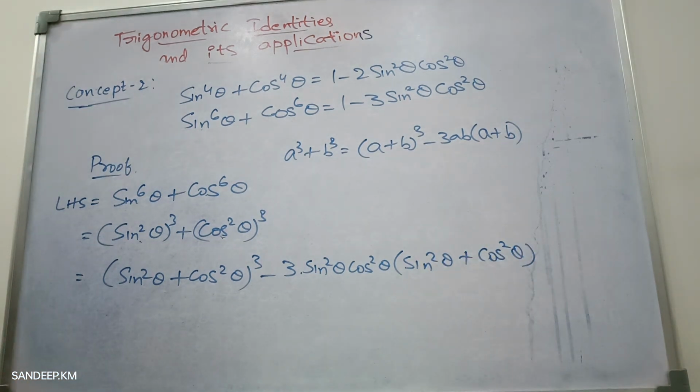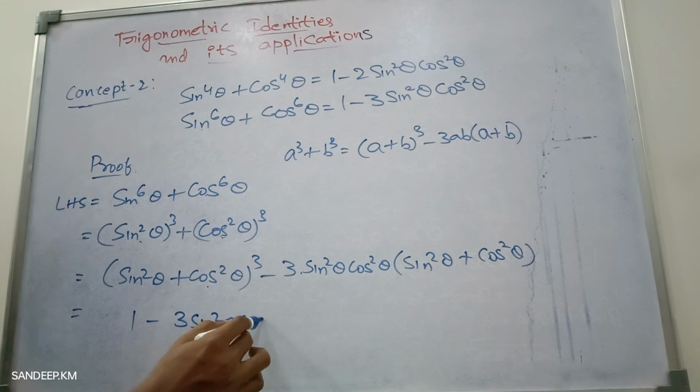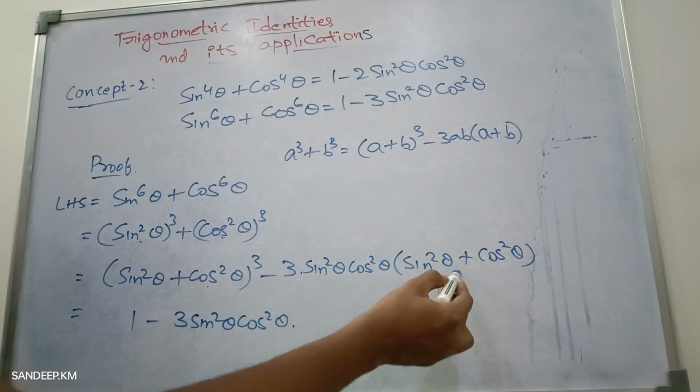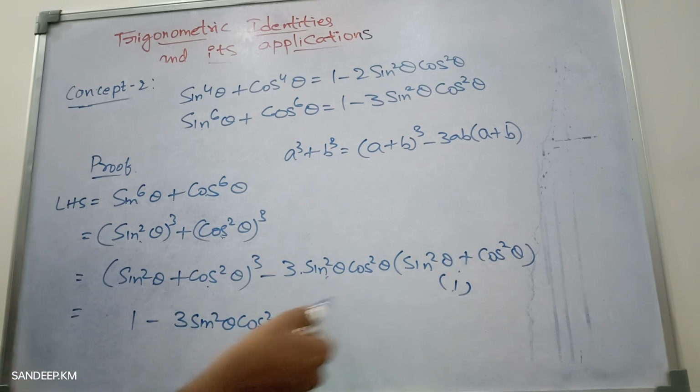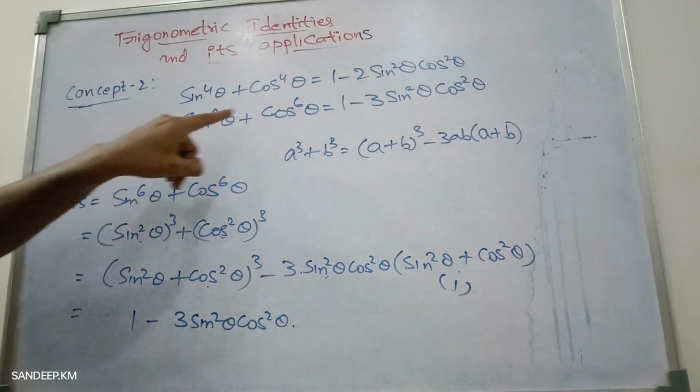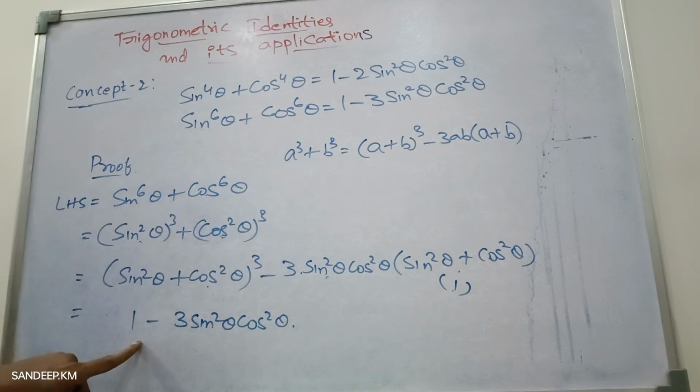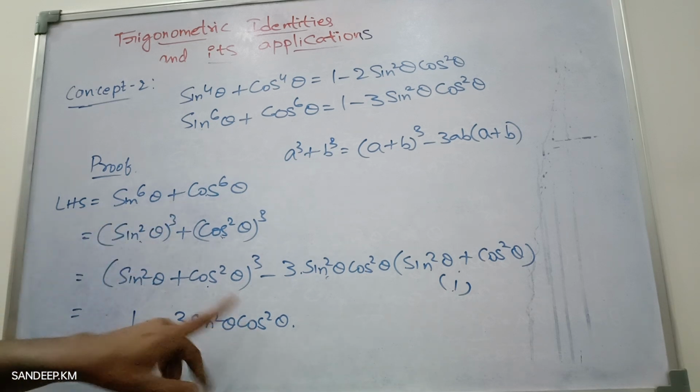See, sin square theta plus cos square theta is 1 with cube. 1 cube is 1 only, minus 3 sin square theta cos square theta into, this is 1 again, since sin square theta plus cos square theta is 1, so into 1 is not needed. So therefore, dear students, we have also proved that sin power 6 theta plus cos power 6 theta is equal to 1 minus 3 sin square theta cos square theta.